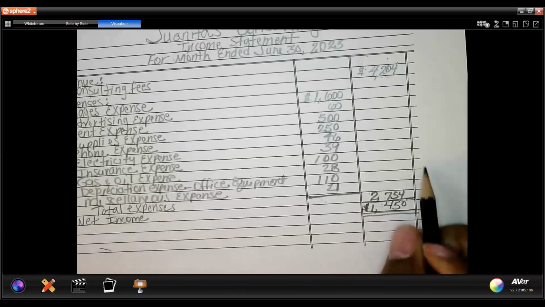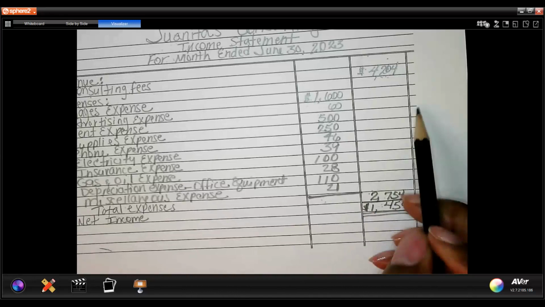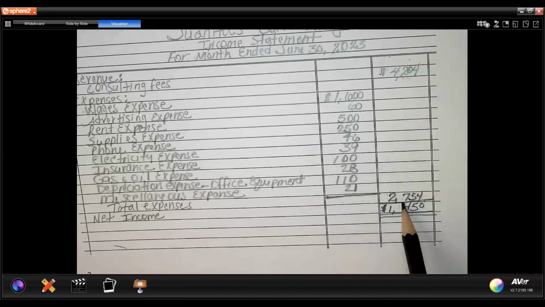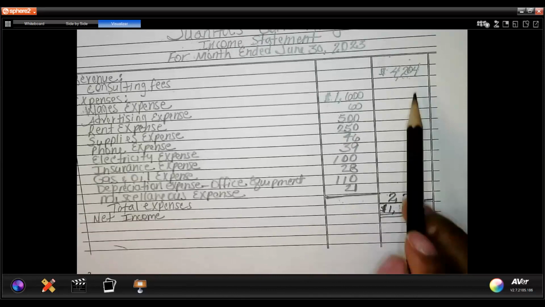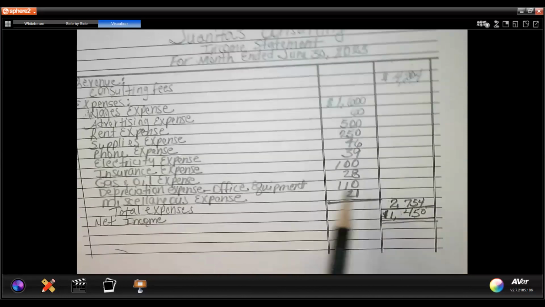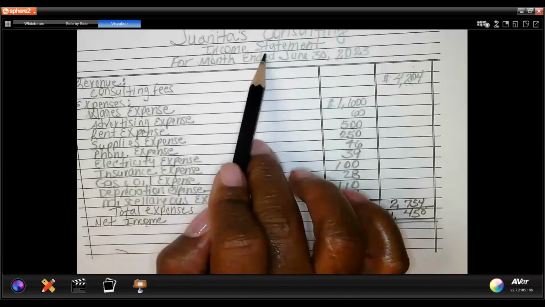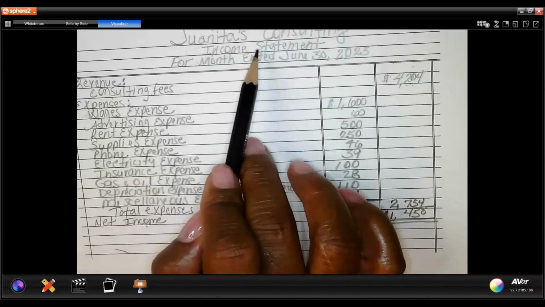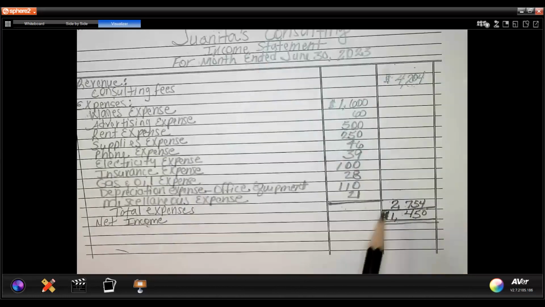So again, revenues minus expenses, because our revenues was more than our expenses, we have a net income that's going to show on our income statement. Okay, so we know that our net income is going to be $1,450 for the period.